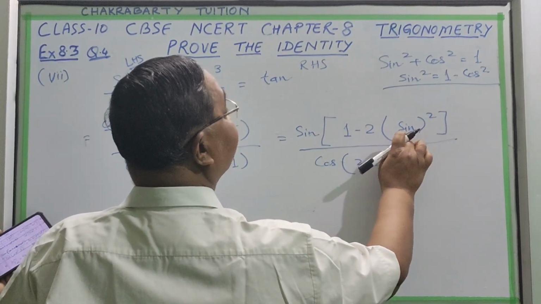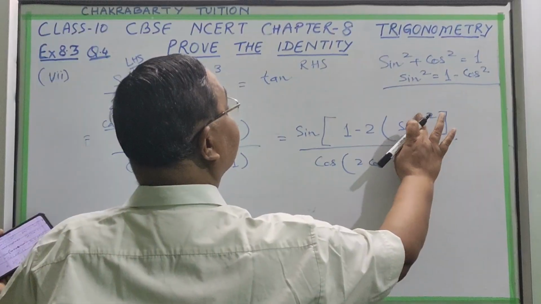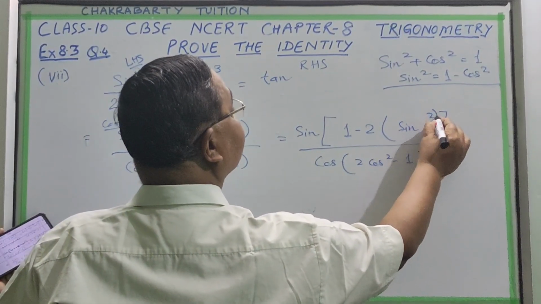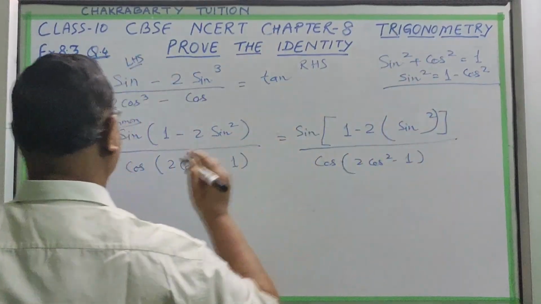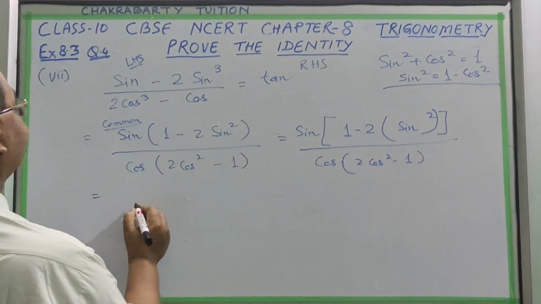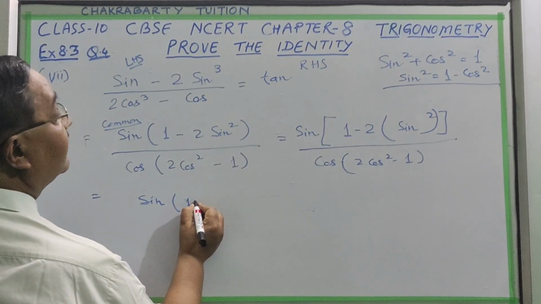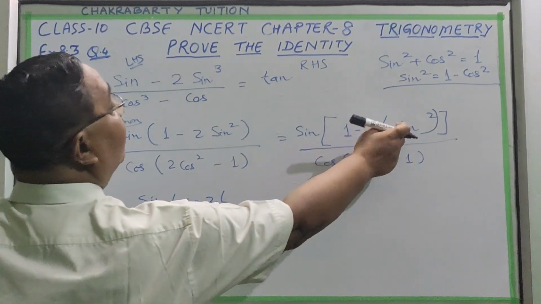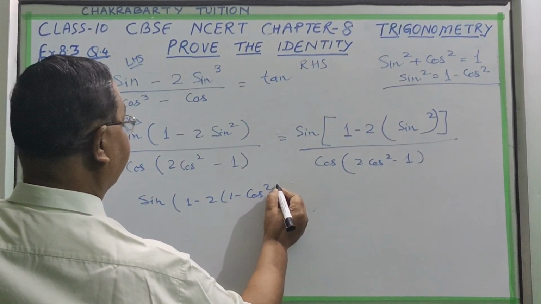Here sine square is there, so we will replace it. It becomes sine into 1 minus 2, and now we are replacing with 1 minus cos square.